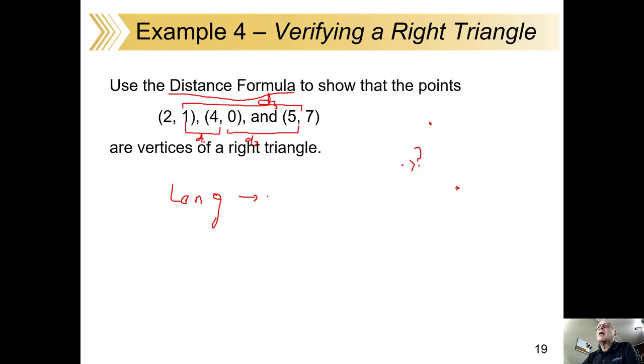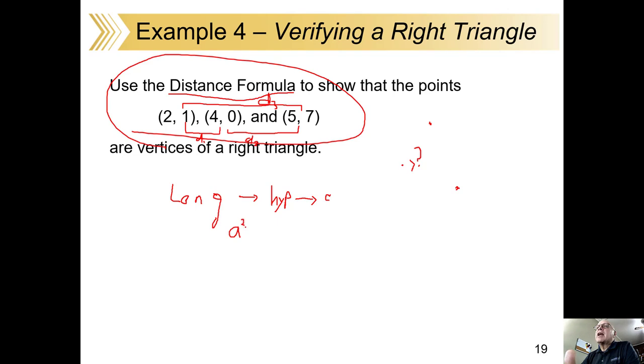The long side, I'm not going to write that in, equals the hypotenuse. And if you use that picture we had earlier, that's going to be your C. The other 2 are going to be A and B. So you're going to take the values that you got up here, and you're going to take the first distance for the first leg, square it.